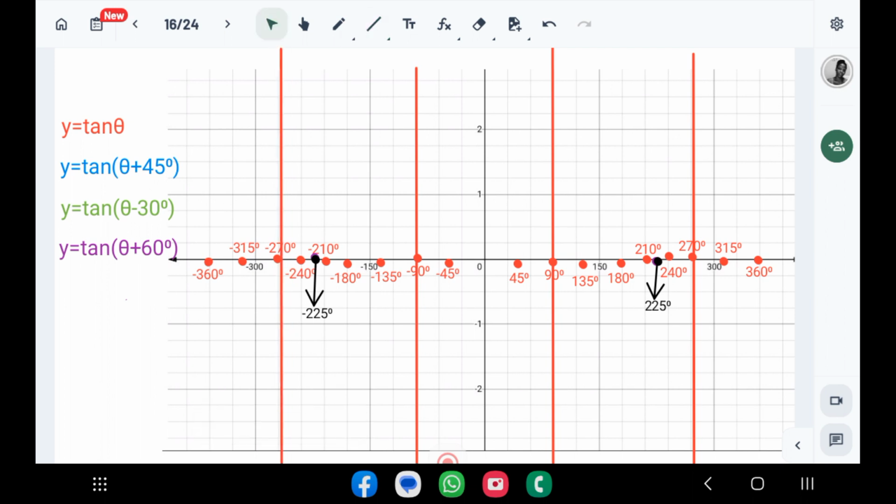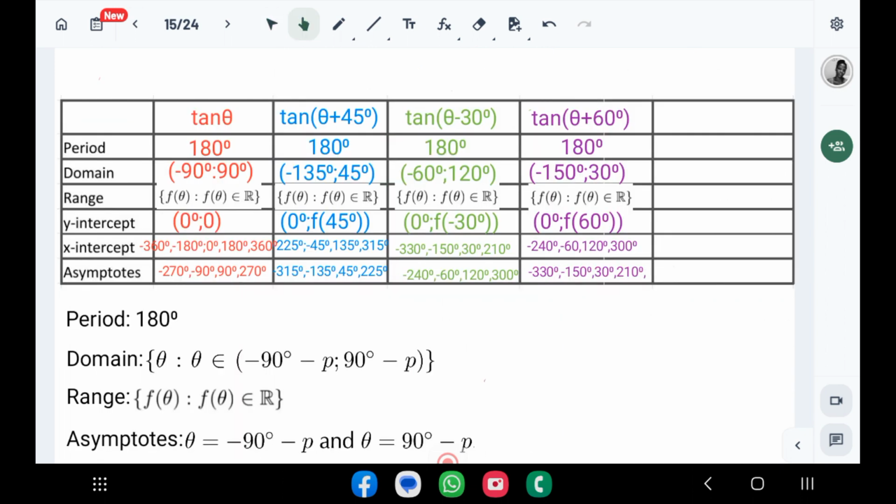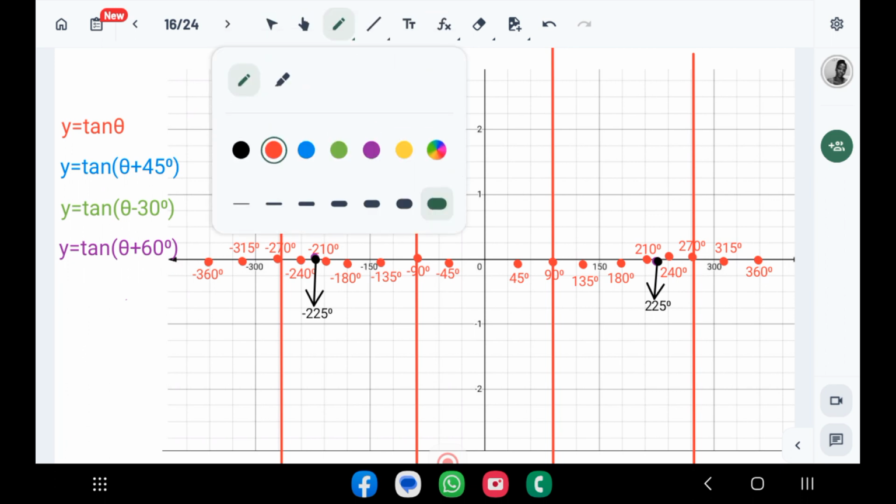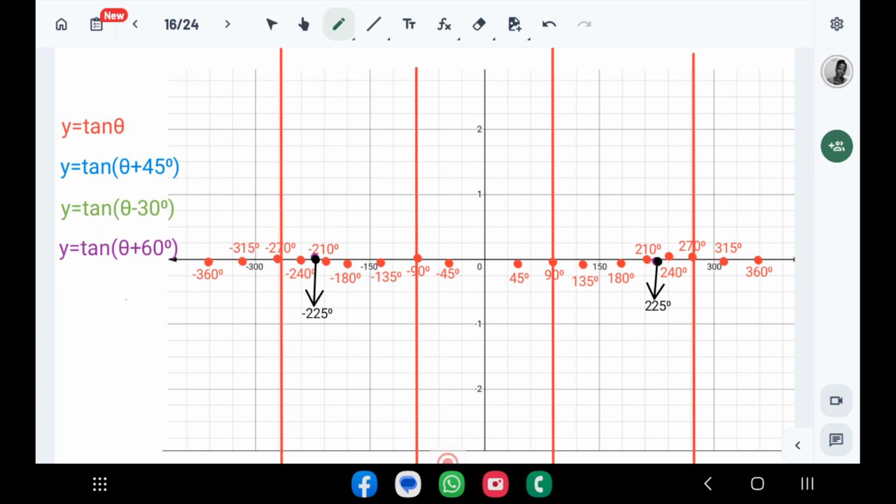All right. And now let's look at the x-intercepts. The first intercept is right in the middle because this one has not been shifted. So that's the x-intercept right in the middle, at 0.